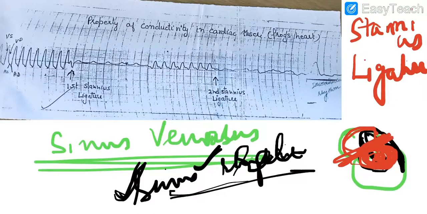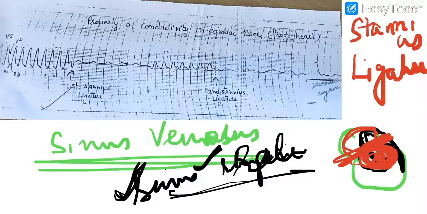The next in line, who has the highest rate apart from the sinus venosus? The atria has the highest rate. So after some time it will become the boss, and the entire heart will contract at the rate of the atrial impulse generation. Now, the impulse goes from the sinus venosus to the atria and then to the ventricle.